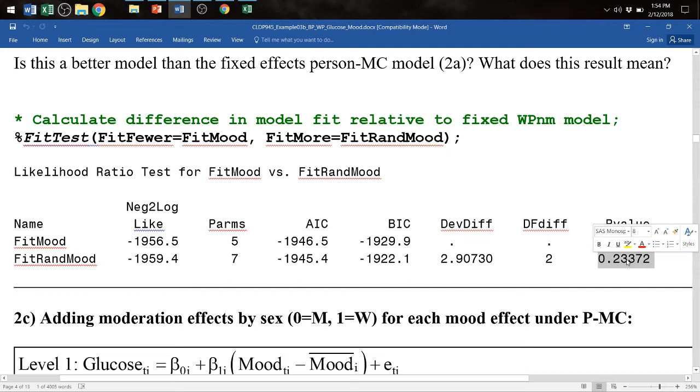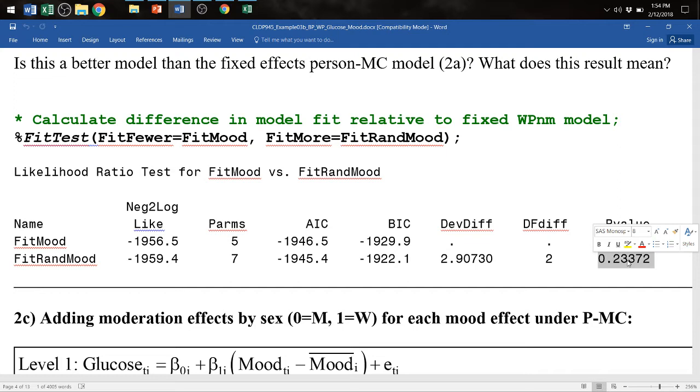So did my model get significantly better, non-significantly better, significantly worse, or non-significantly worse? Non-significantly better. Whenever you add something, you're asking if it got better.